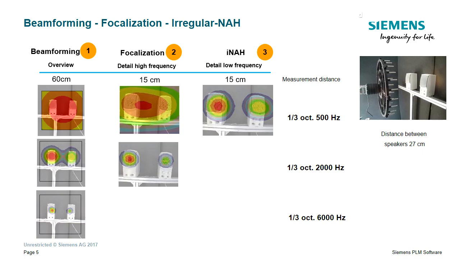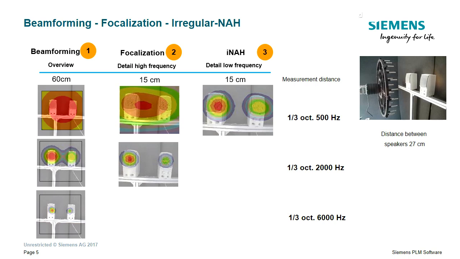Even though they're not completely separated, the hologram is quite convincing that it is in fact two sources. However, if we look at the same measurement in low frequency, here the 500 Hz 1/3 octave band, measured at 60 centimeters, we see one big red spot. We see the picture of the two loudspeakers behind it, so we really know that spatial resolution is not good enough to separate those two sources.